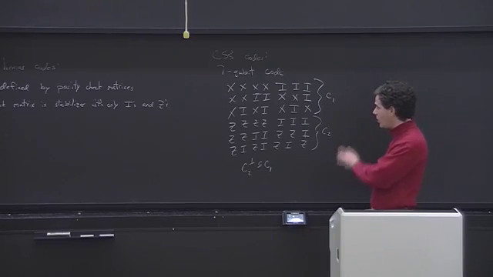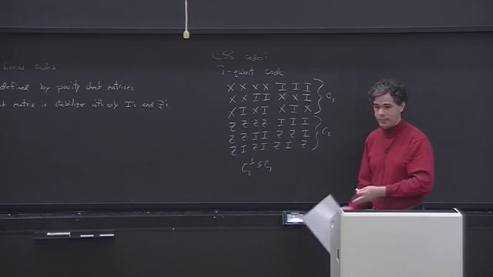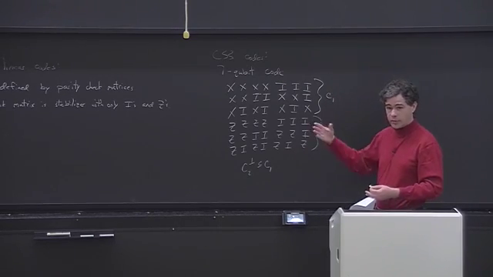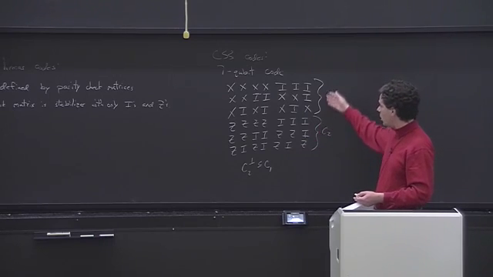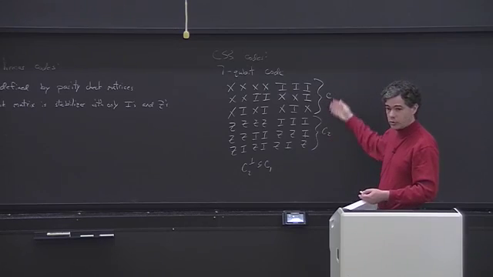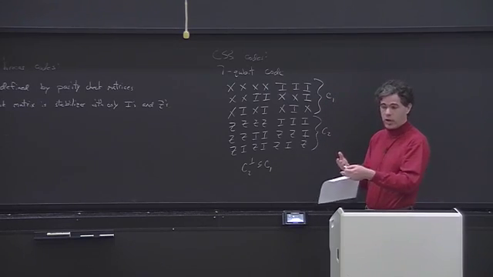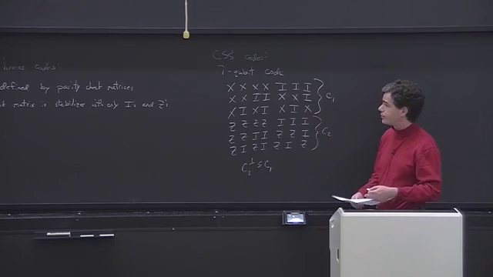I mean, if you know about codes, then this means something. If not, I don't really have time to go into it. The main point is that you take two codes that are related and have some property. And the distance is usually the minimum of the distances of these two classical codes. So you can take classical codes, make sure they're related in the right way, and then get a quantum code out of that. So that's one good way to make quantum codes.